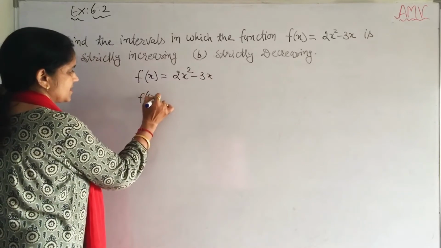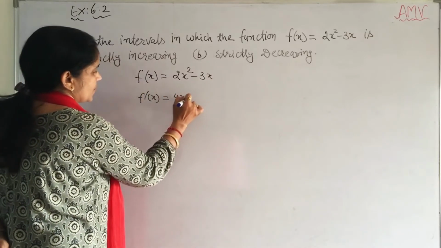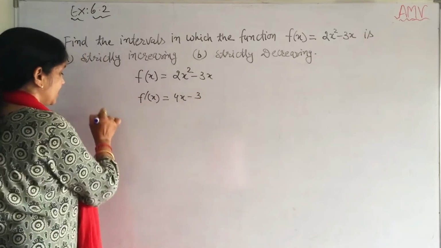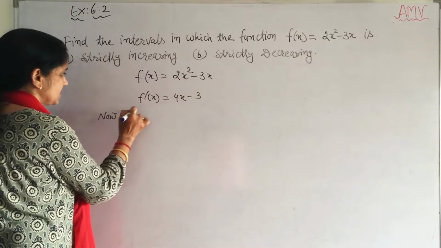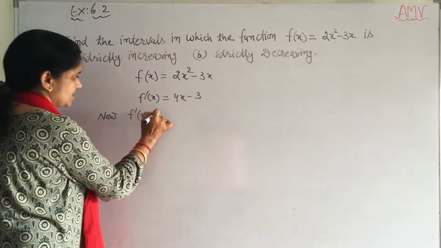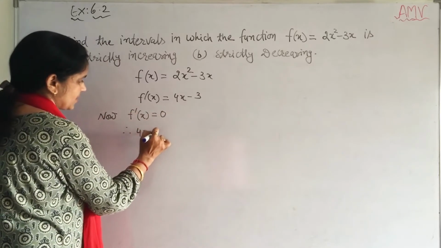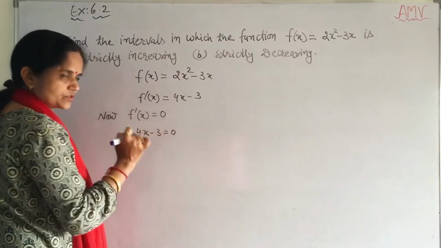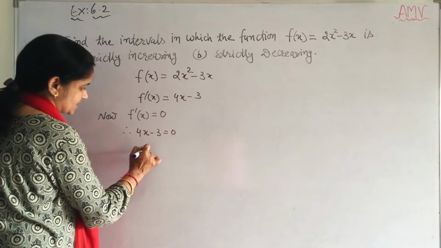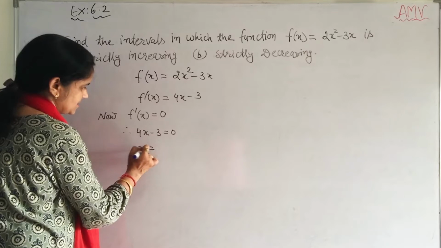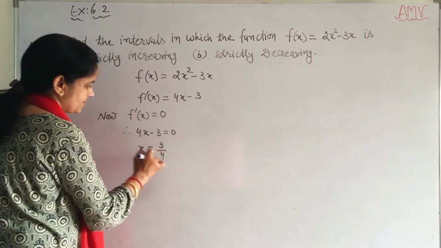So f dash x is 4x minus 3. Now take f dash x equal to 0. It gives 4x minus 3 = 0. Find the value of x: x = 3 by 4.